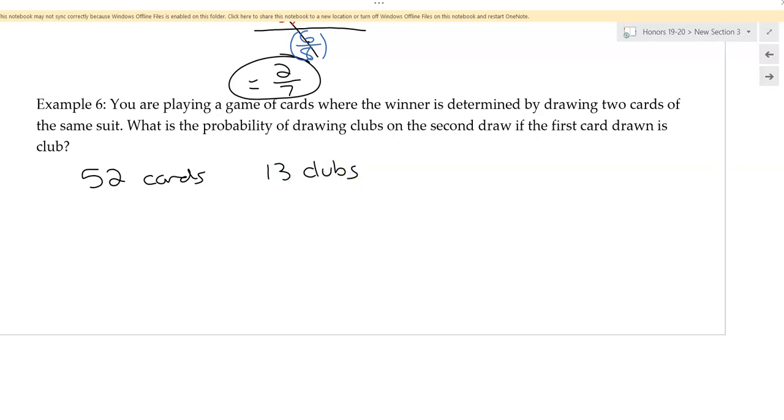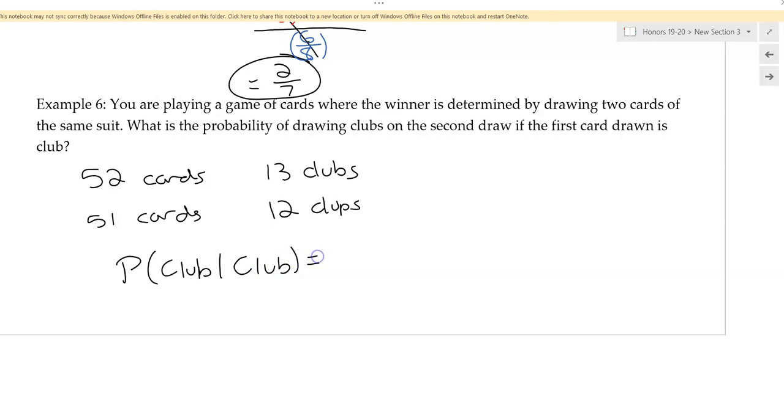If you think about it, you can pull up that deck of cards. Now, since I've drawn a club, I now have 51 cards total with 12 clubs. So the probability of club given club is 12 out of 51.